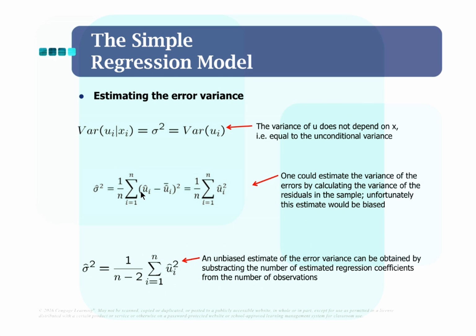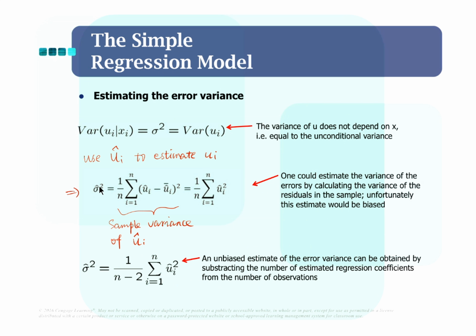So we use ui hat to estimate ui, so that we use the sample variance of ui hat to estimate the variance of ui, that is sigma hat squared.